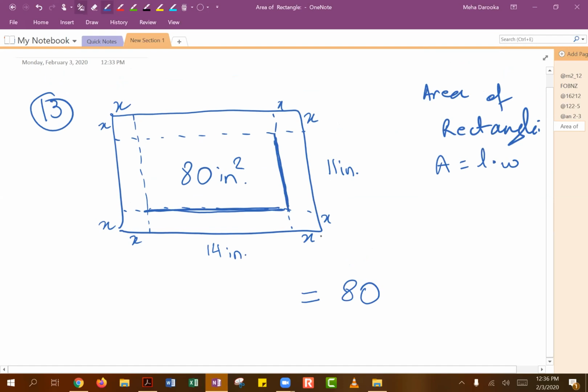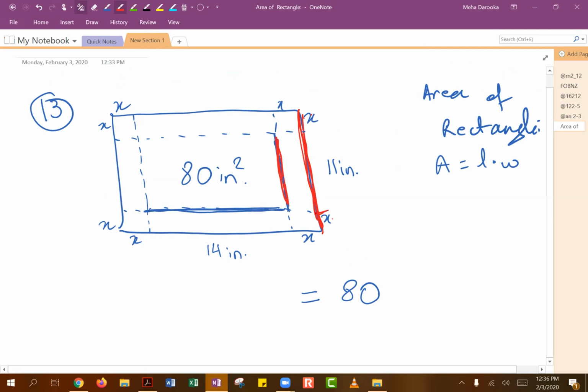So if the total width of our cardboard is 11 inches, what do you think the measurement for this side should be if we know this distance is X and this distance is X? Less than that. Should be less than 11. Yeah, it will be less than 11, by how much? Think about it, the whole thing is 11.